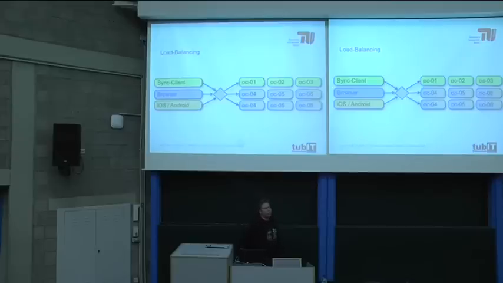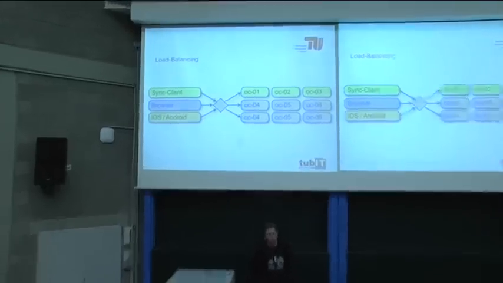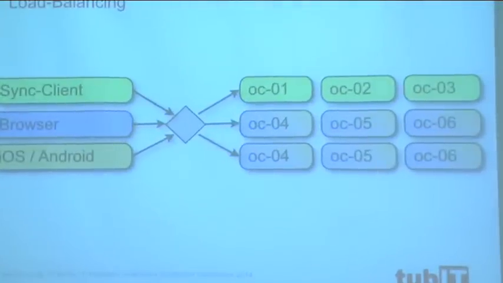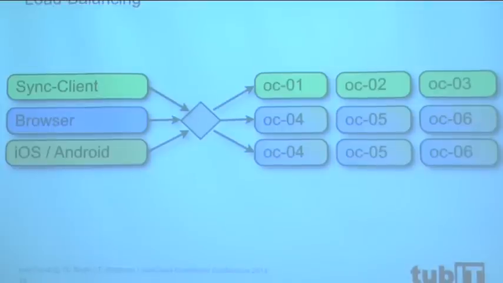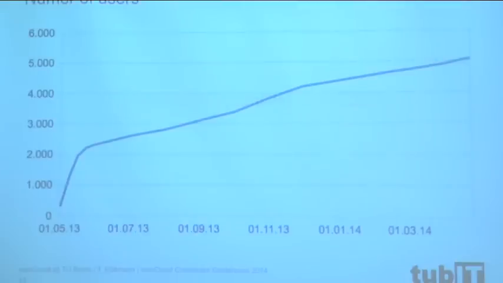And if it's a Sync client, it goes to one of 3 servers, and all other servers are reserved for the user interface, so that as a user you have a faster response because of the higher number of servers.